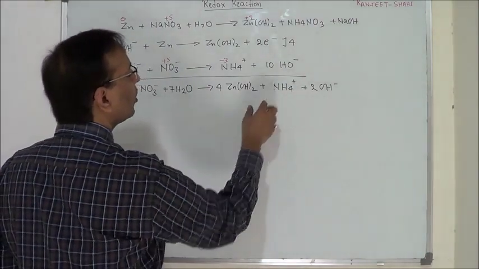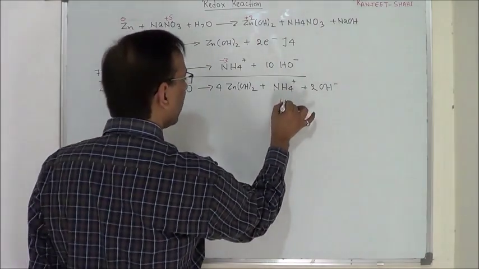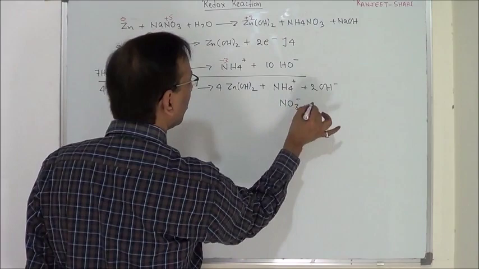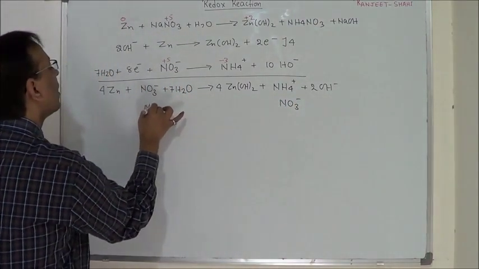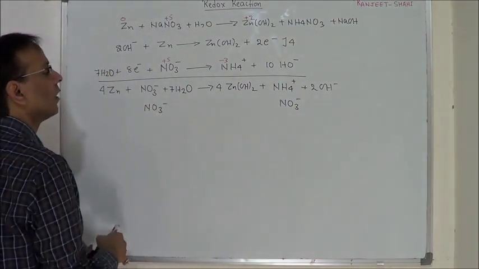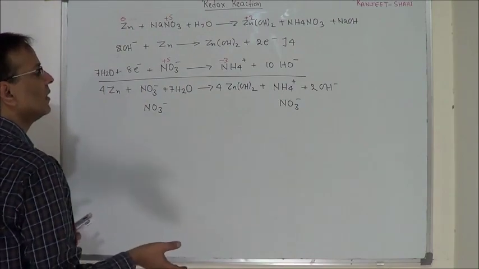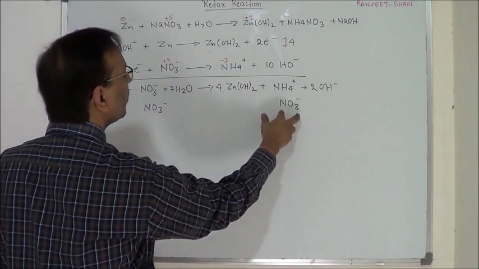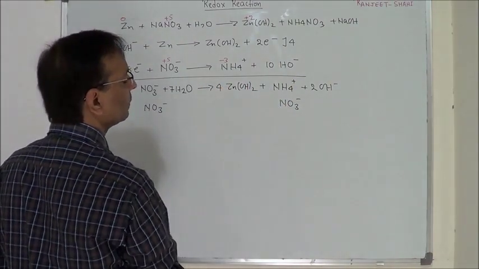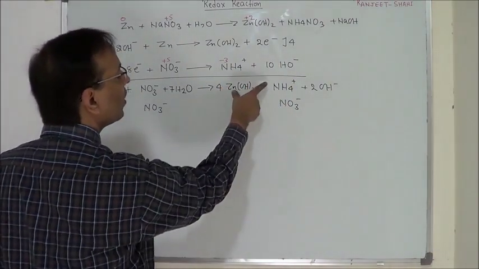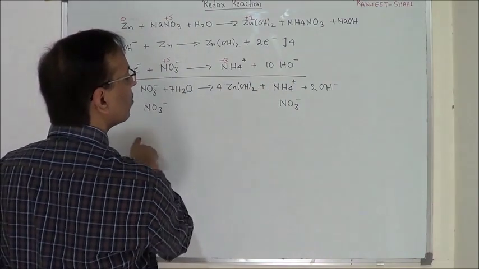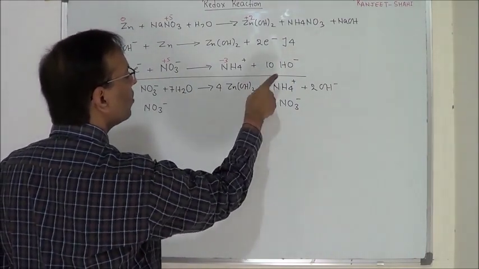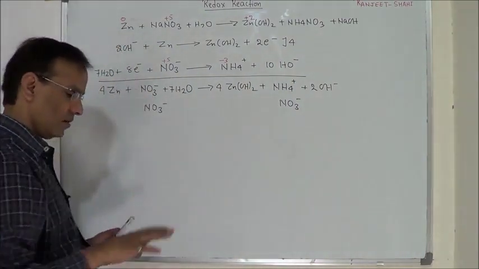So we have one ammonium, we would add one nitrate on both sides, keeping in view that this nitrate is not undergoing change. This is just coming to balance the charge of the ammonium ion. Had it been 2 here, we would have added 2 nitrate on both sides. Had it been 5 here, we would have added 5 nitrate on the 2 sides.